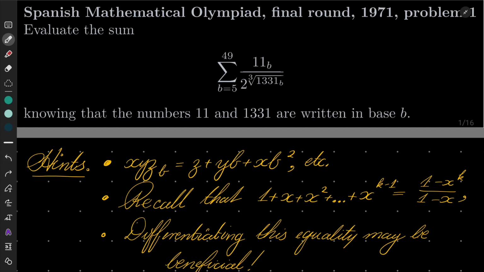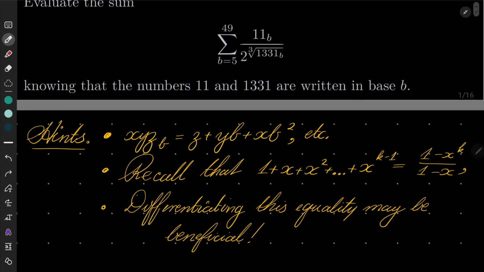So my hint for this problem, first of all, is about number systems. If I have a number which has digits x, y, and z written in base b, recall that we take each digit and multiply it by consecutive powers of b. So this number xyz in base b is z plus y times b plus x times b squared, etc. Moreover, that can simplify our sum a little bit.